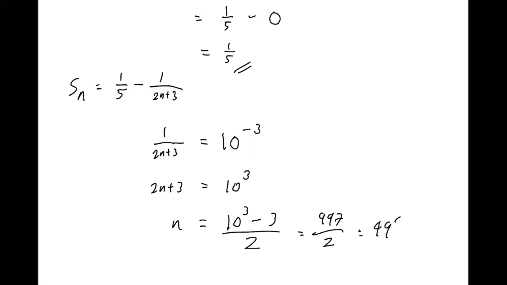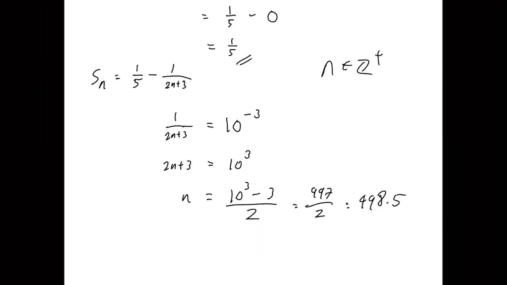So here, the problem is that n must be an element of the positive integers. So that means, would you want to round up or round down in this case? If you think about it, if you round up, it becomes 499. What happens to your value of Sn? When we say we want to keep it within 10 power negative 3, it means that it can be at most 10 power negative 3.